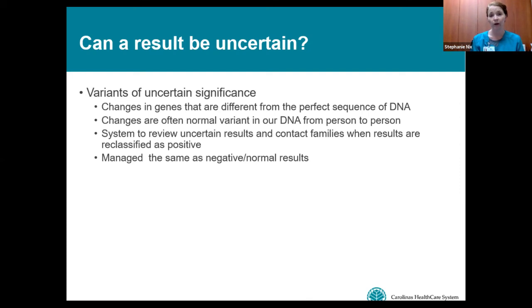What we're concerned about for a gene result to be positive is that genetic change affecting the gene's function. Does that gene actually do its job properly, even with that spot? And I also like to think about these results as being like a research result.